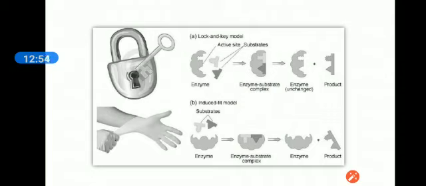So we conclude our today's topic. In the lock and key model, there are complementary sites for substrates on enzyme active sites, but the induced fit model provides flexibility, and after the interaction of enzyme with the substrate, there are induced conformational changes in the enzyme.